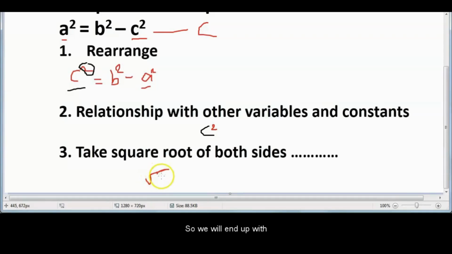So we will end up with the square root of c square equals the square root of b square minus a square.